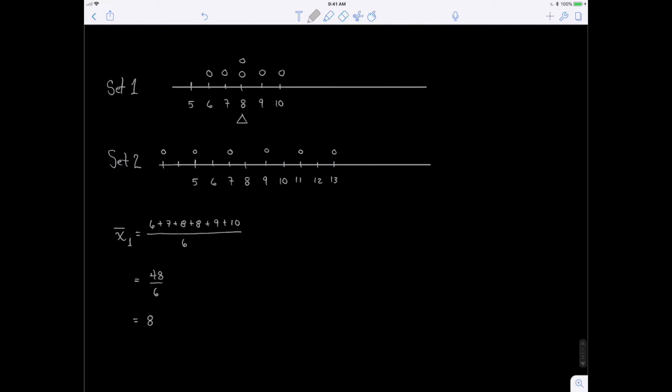I'm going to put a little triangle underneath that 8, because that's the mean for that data set. Then we'll find the mean for the second data set. Again, we're taking the values right off of our dot plot. I have a 3 plus a 5 plus 7 plus 9 plus 11 plus 13, and we're going to divide it by 6.